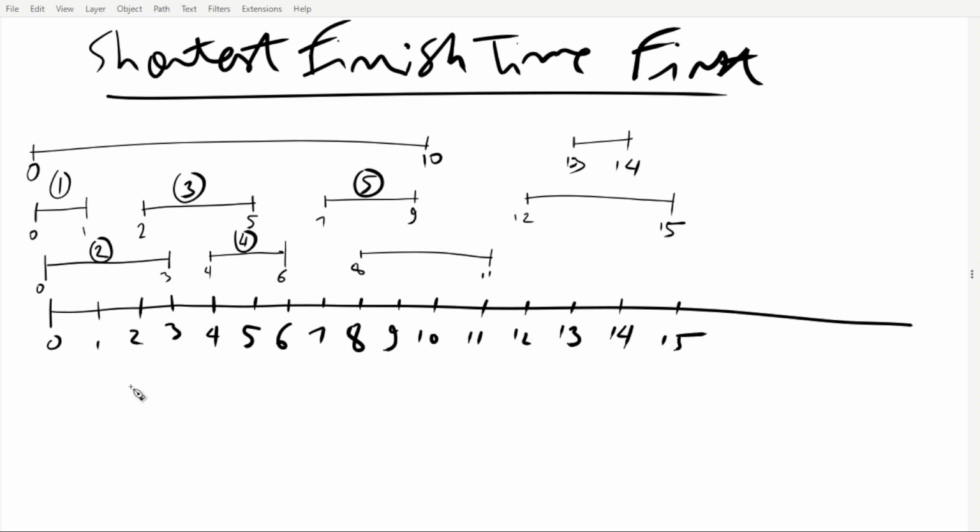After 9 we have 10, write it as 6. After 10 we have 11, write it as 7. After 11 we have 14, we write it as 8. And finally we have 15, write it as 9. So we have sorted the intervals based on the finish time.